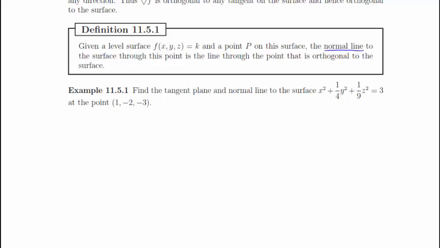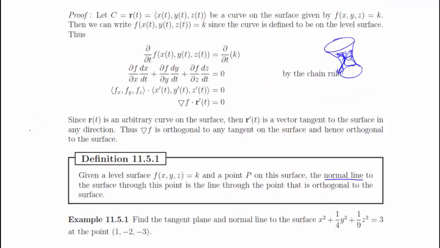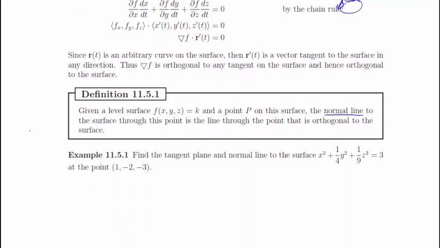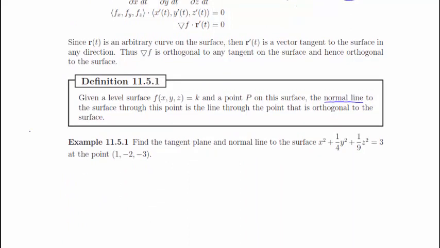So in example 11.5.1, we want to find the tangent plane and the normal line to the surface x squared plus 1/4 y squared plus 1/9 z squared equals 3 at the point (1, -2, -3). What we want to do is take advantage of the idea that the gradient vector gives us something that is orthogonal to the surface.